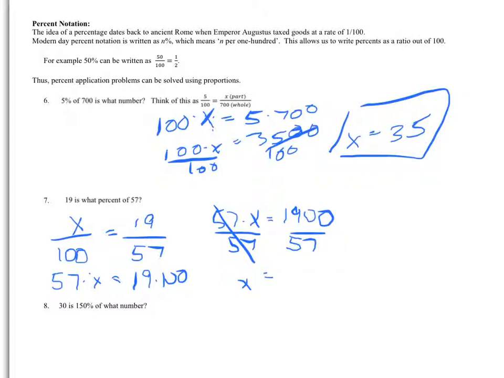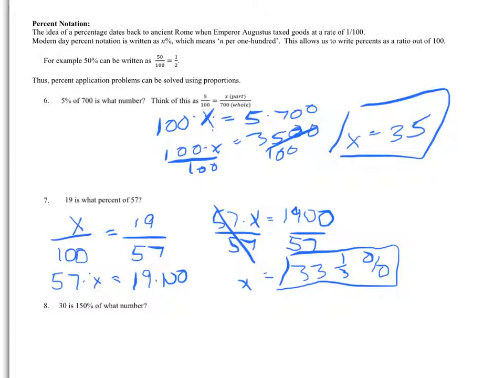If you divide 57 into 1,900, you get 33 and 1/3. 33.3 repeating is 33 and 1/3. Since this question asks what percent, we write 33 and 1/3%. Anytime you're solving a problem that asks for a percent, make sure you include the percent symbol in your answer.